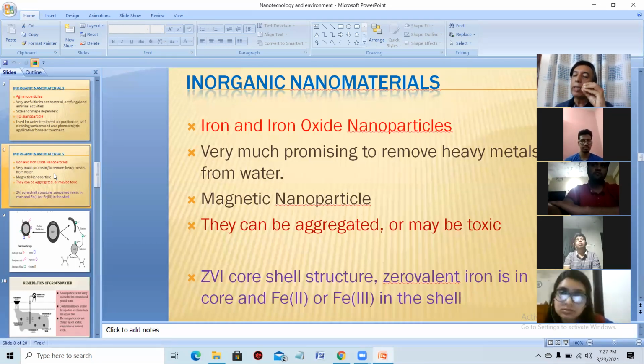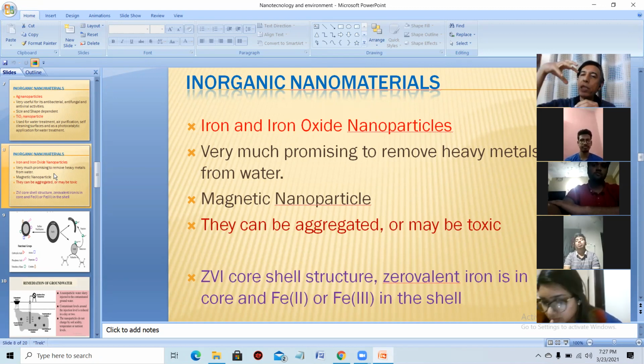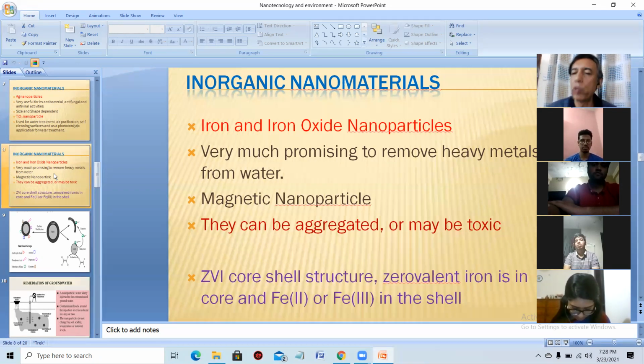Then you can easily remove the iron with that absorbed substance by means of a magnet. Because iron is magnetic, if you place a magnet inside or outside somewhere, all the iron nanoparticles will accumulate on the magnet, and we can separate the iron nanoparticle from the solution.